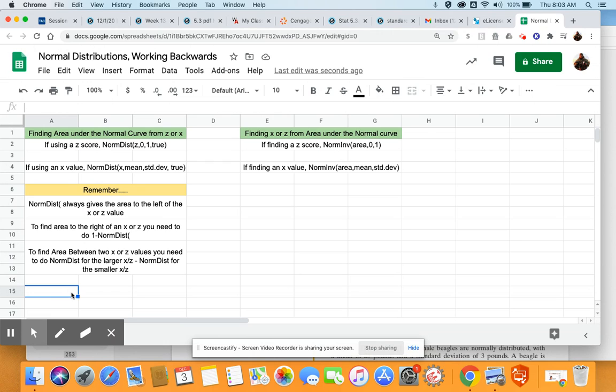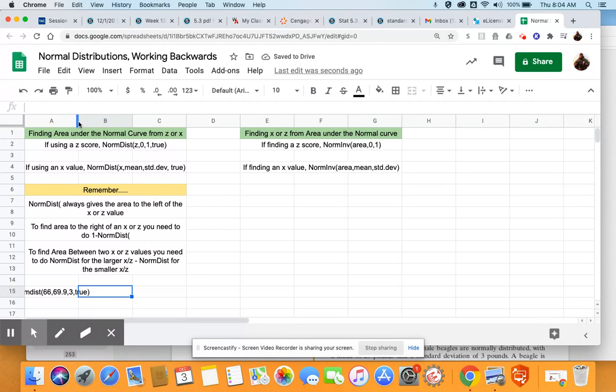We can come down here very easily. I'm going to type in the inputs. So we would have normal distribution. The x value they gave us is 66. The mean that they gave us is 69.9 inches with a standard deviation of 3. You don't need the decimal place. And the word true. That's what our inputs are going to be.